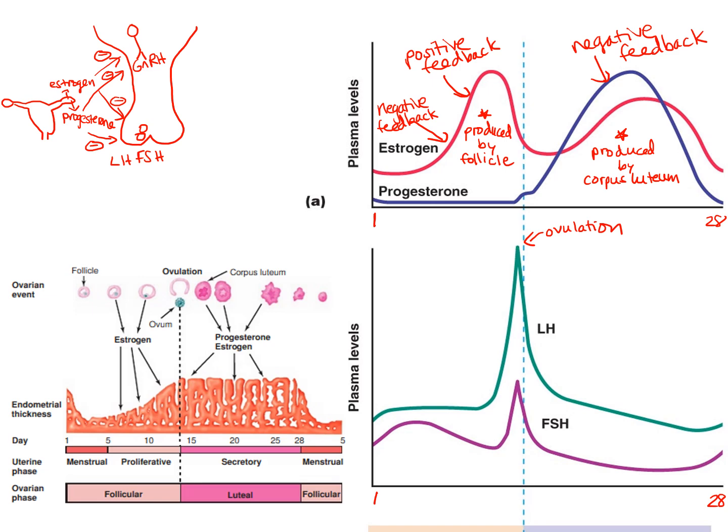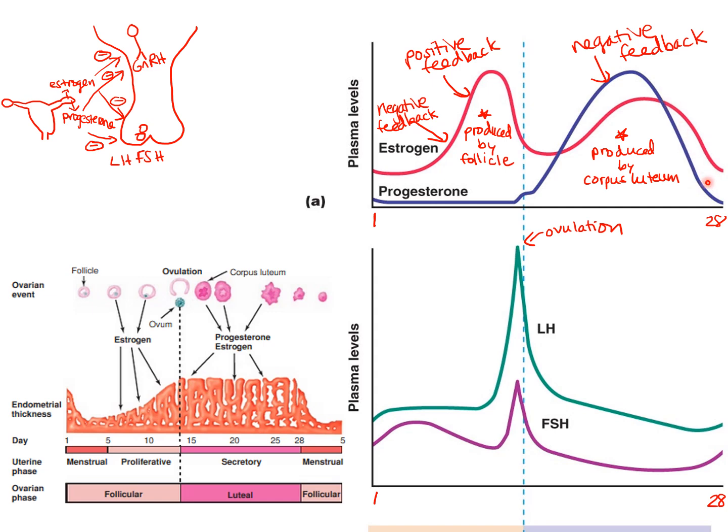Okay, and then if the woman does not get pregnant, then the corpus luteum will disintegrate. And as it disintegrates, it stops producing estrogen and progesterone.